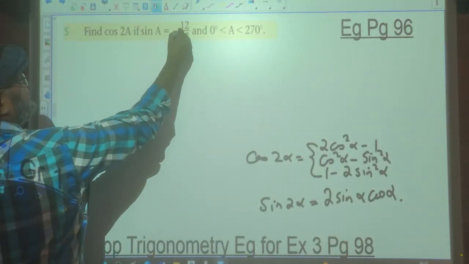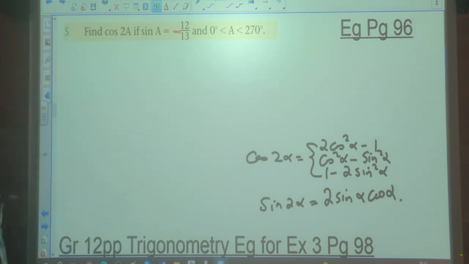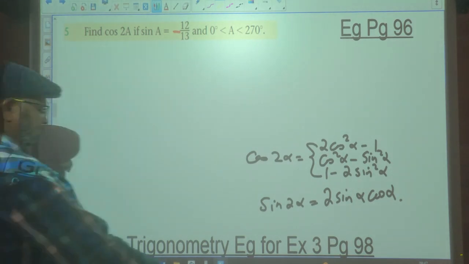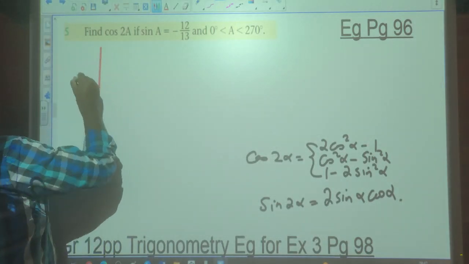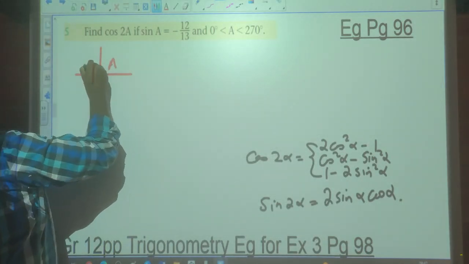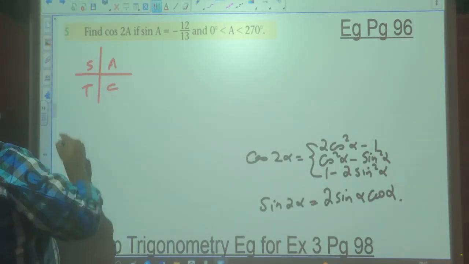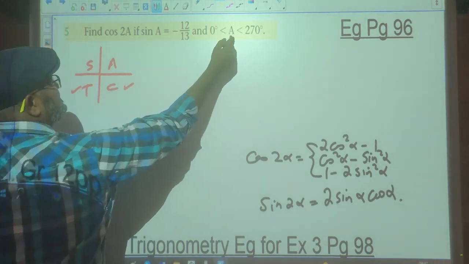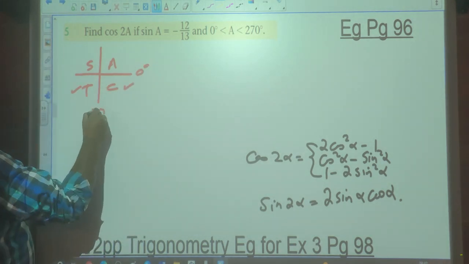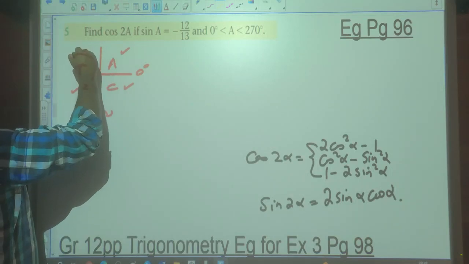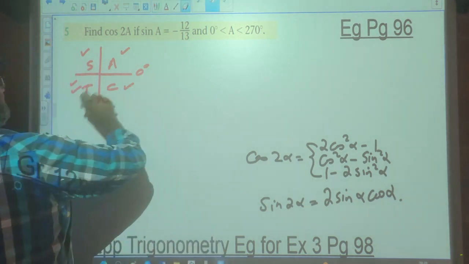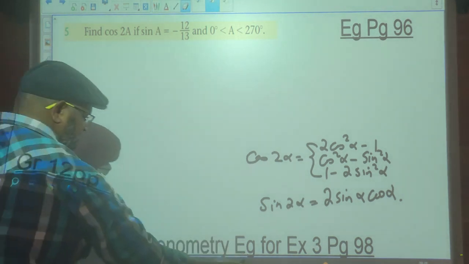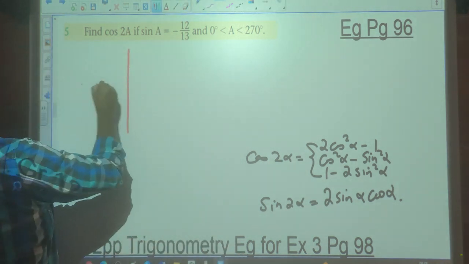This tells me that sine is negative. Of course, we're going to draw a diagram. Where's sine negative? Quadrant 3. Then we are told it's greater than 0 but less than 270, so it's quadrant 1, 2, and 3. So which quadrant are we going to draw in? 3. So let's draw 3.